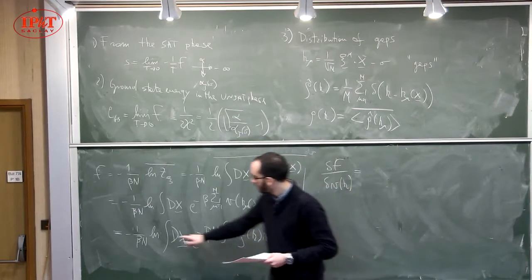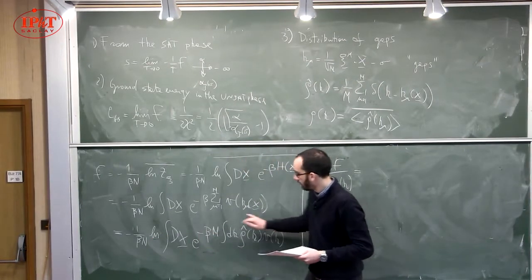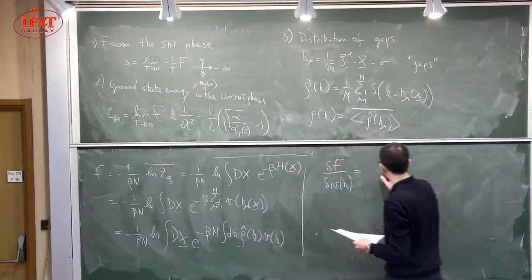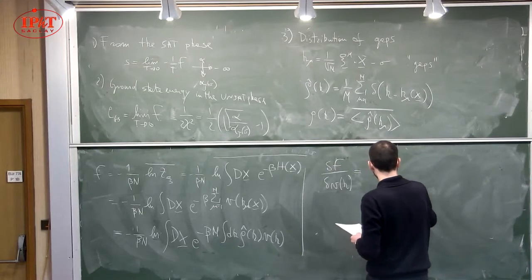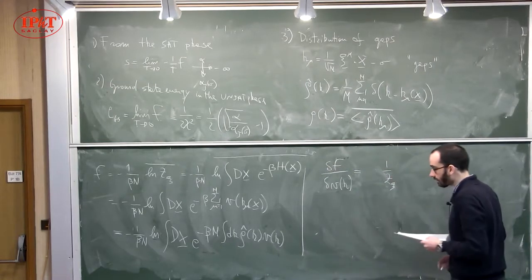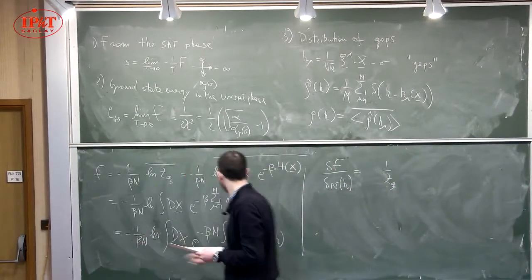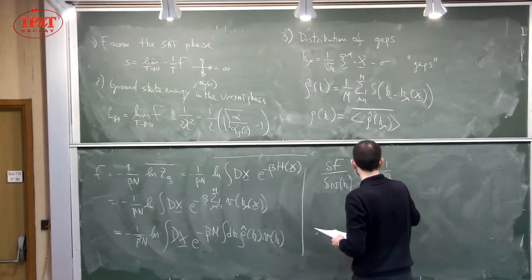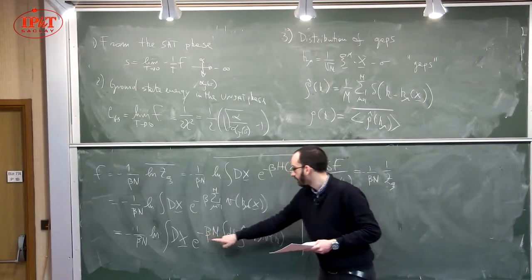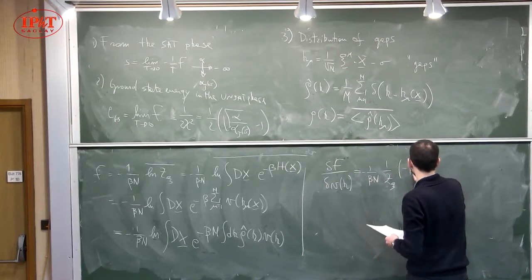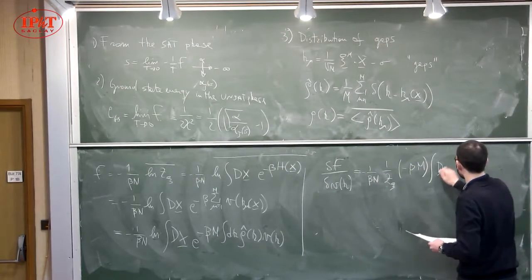I have the derivative of the log, which just gives me 1 over the partition function. And then I have this factor here. And then here I have minus beta m.